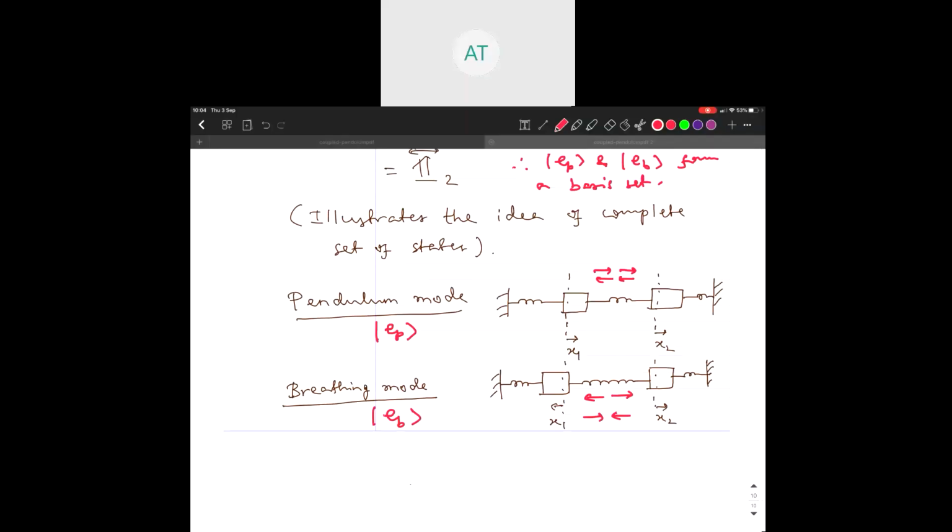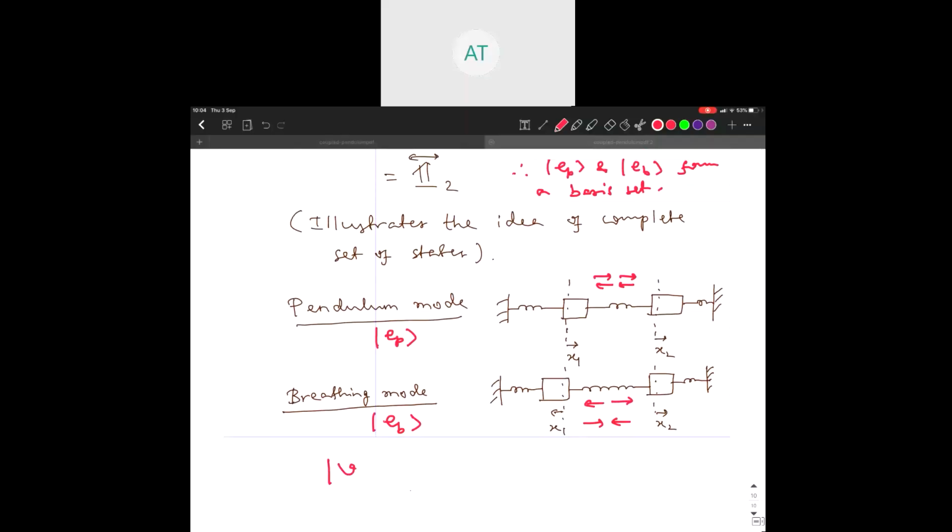And the beauty is that any displacement, any specific displacement or any time snapshot, can be represented as a linear combination of EP and EB.